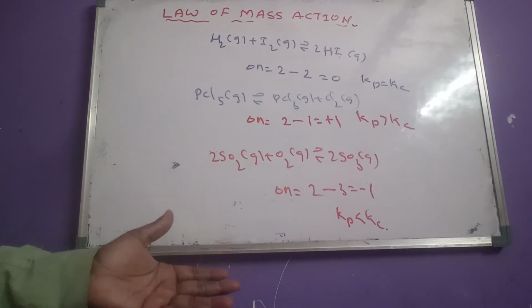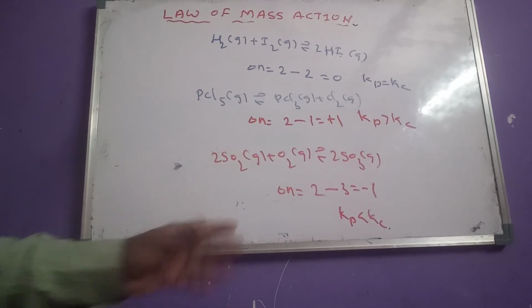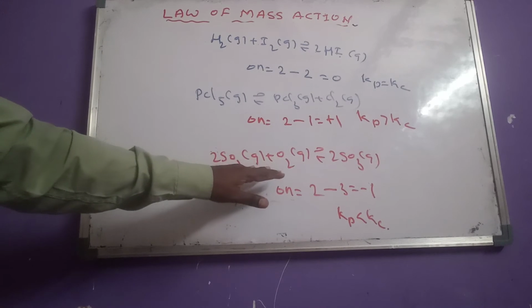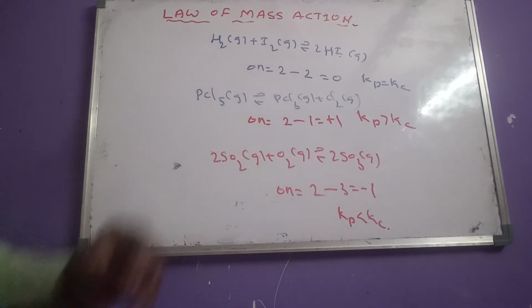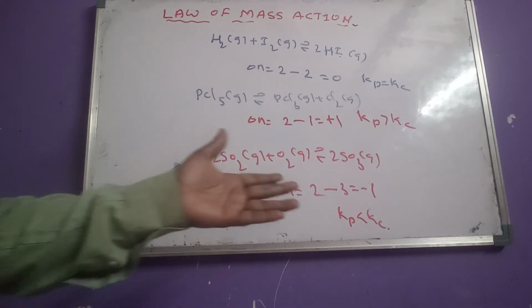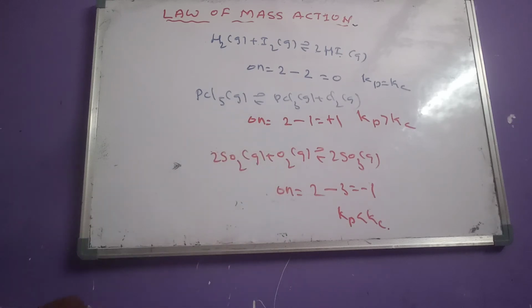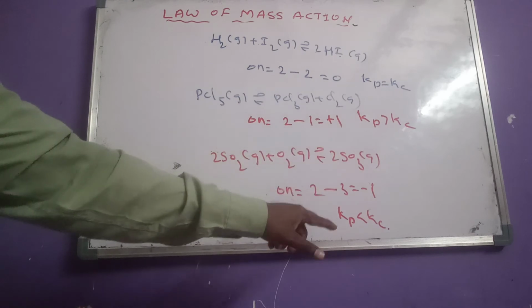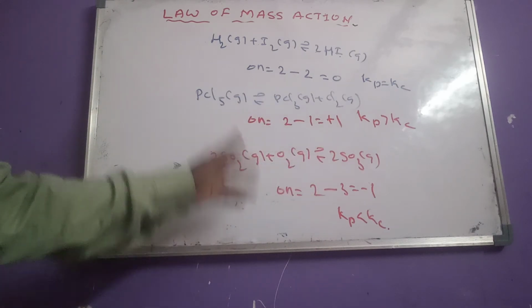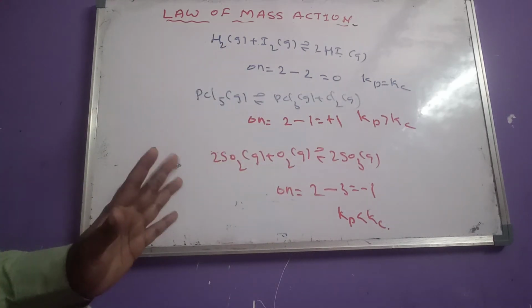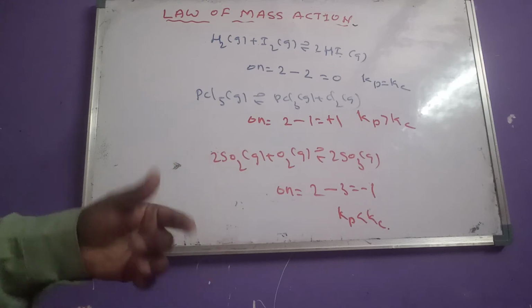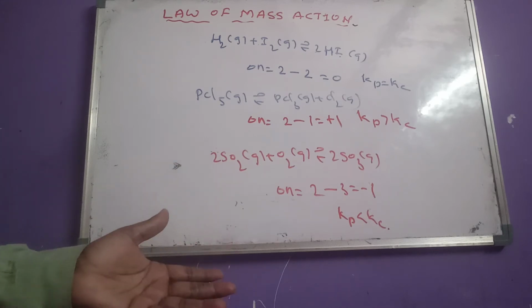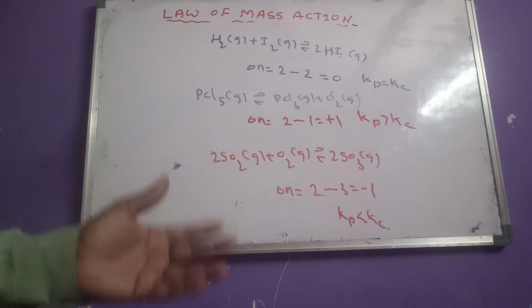Sometimes they may give the Kc value for any one of these reactions and we have to calculate the Kp value by using the Kc value. Or conversely, they give the Kp value and we have to calculate Kc.